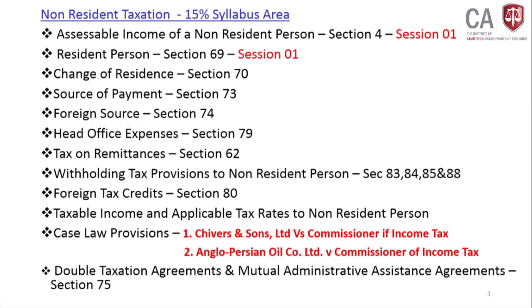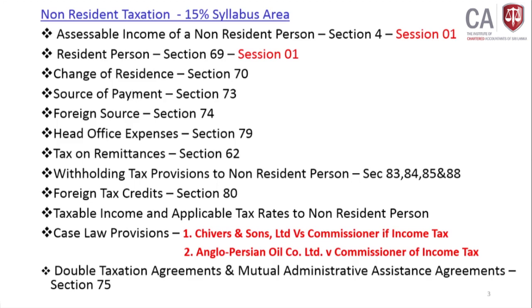We have done the assessable income of a non-resident person under section 4; I completed that in session 1. Secondly, the resident person under section 69, which I also completed in session 1. Today, I am starting from the change of residence, section 70, as well as the key main topic of today, source of payment under section 73.